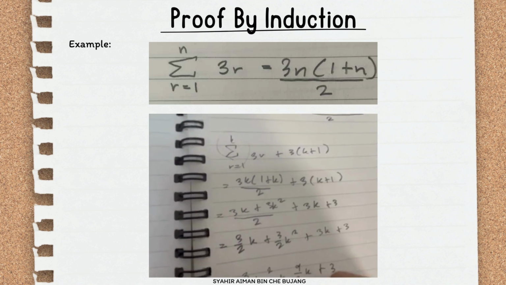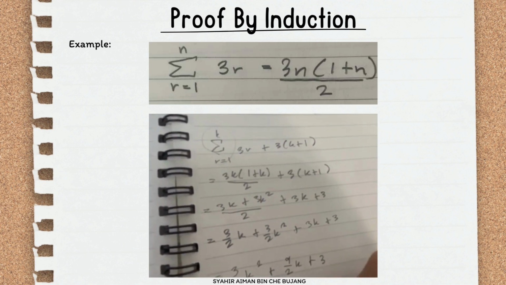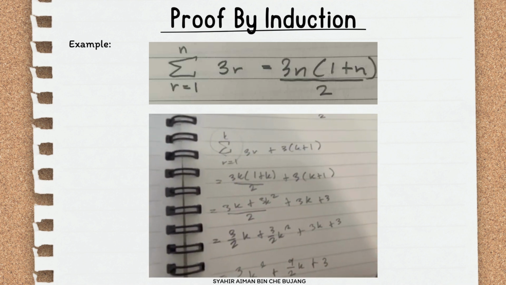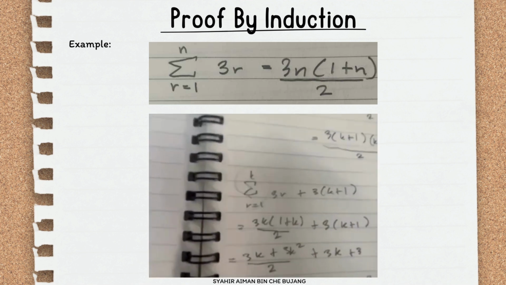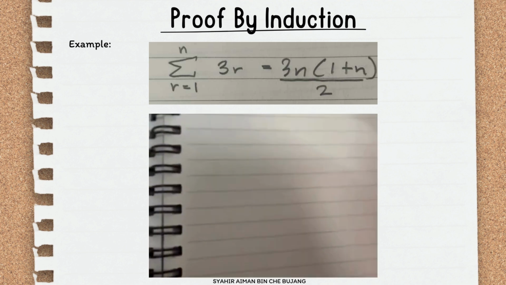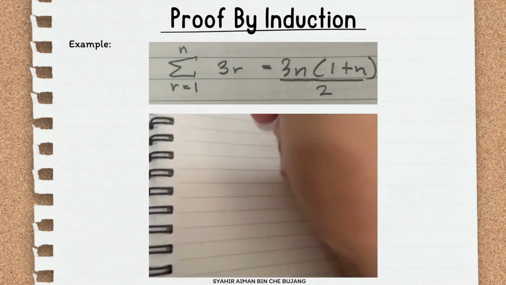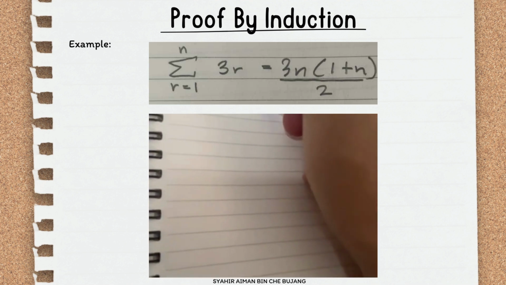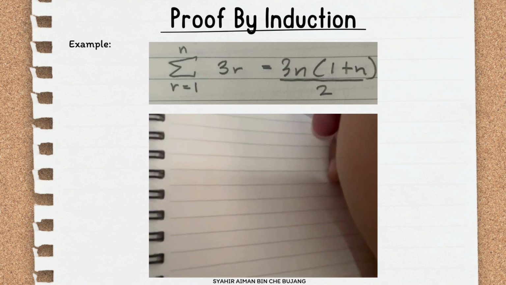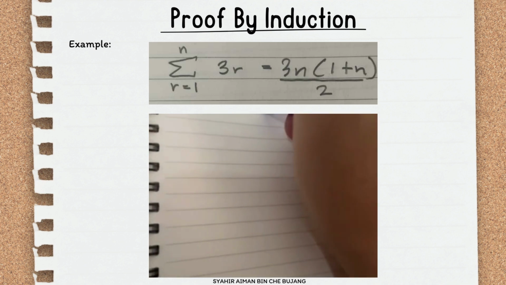And then 3(k plus 1)(k plus 2) over 2. We continue, this equals (3k squared plus 2k plus k plus 2) over 2.